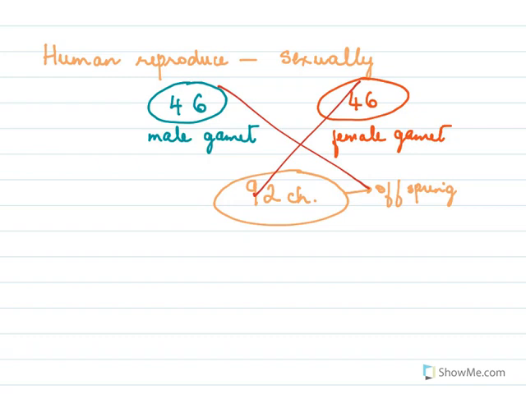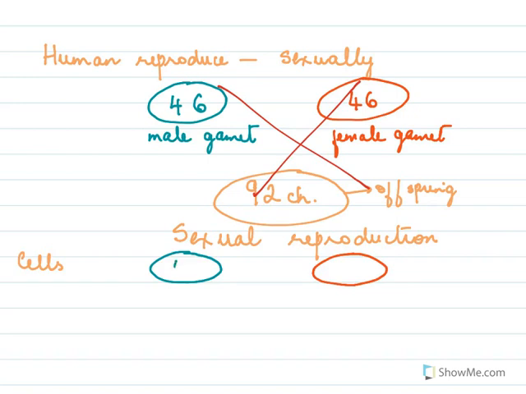So actually what happens in humans and in other sexual reproduction, the normal cells have got 46 chromosomes. Now this cell first breaks up into two smaller cells, each carrying half the number of chromosomes, 23 and 23.